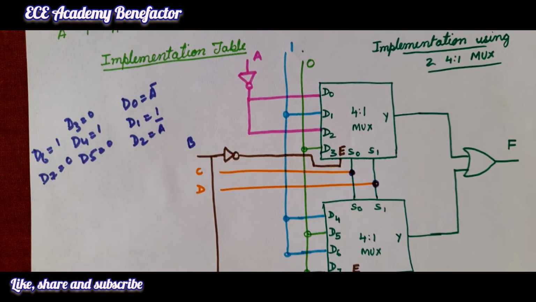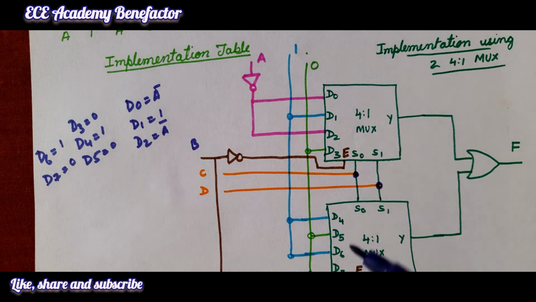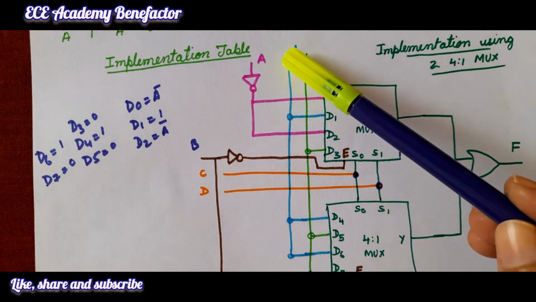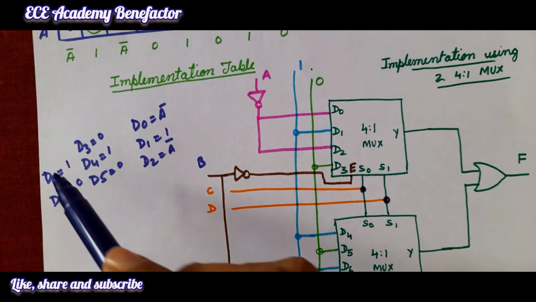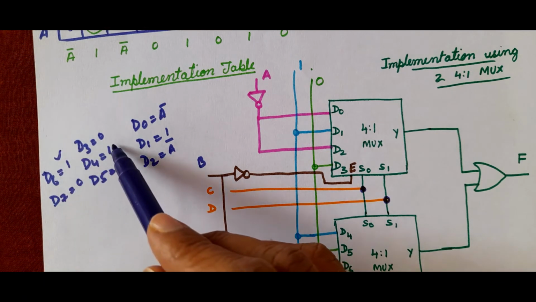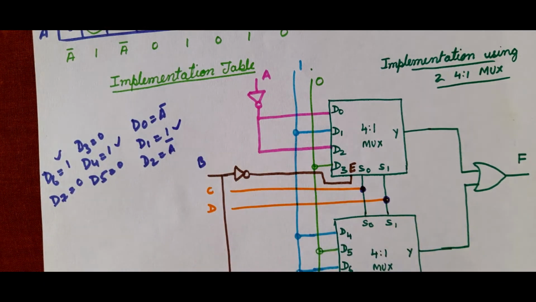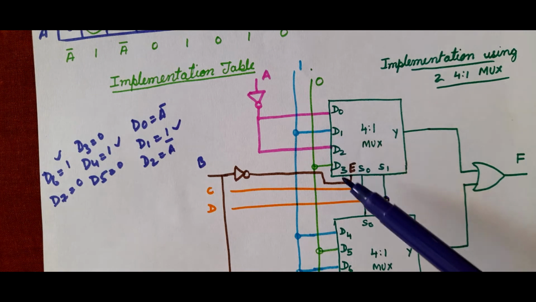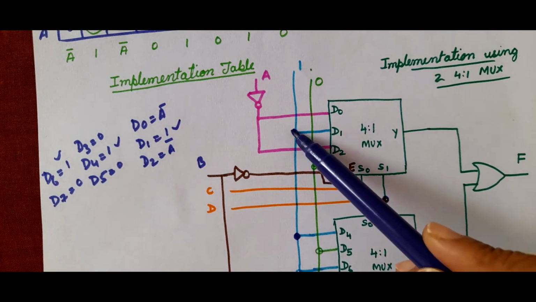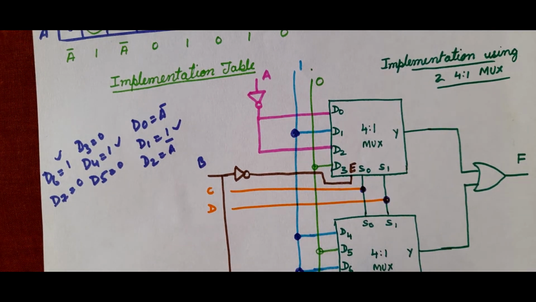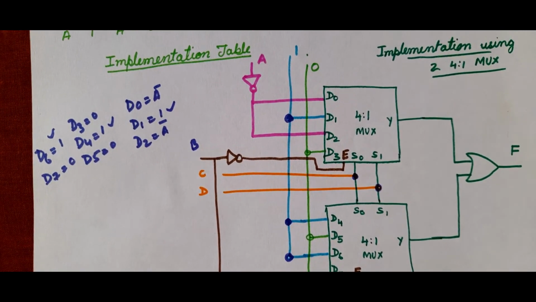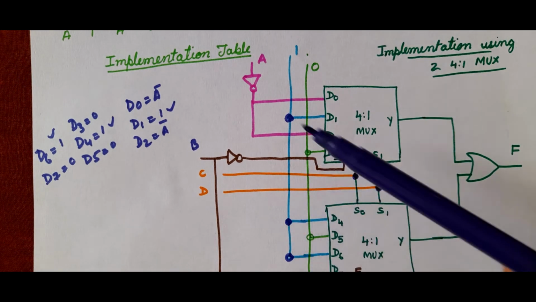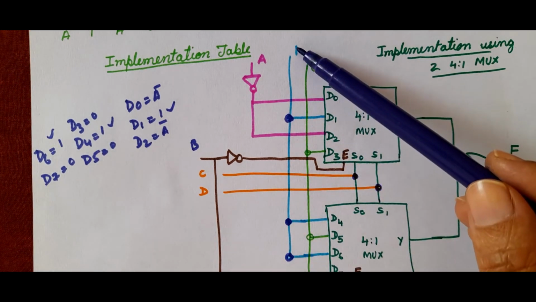So, now see here, D1 we have connected through a blue line. So, here we can see D1, D4 and D6 are connected to 1.